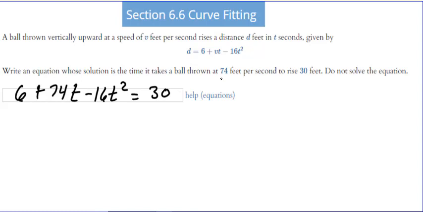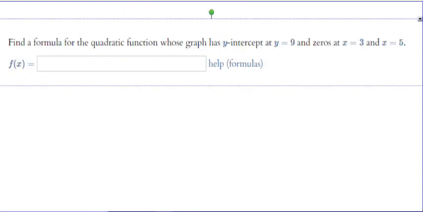So you're substituting the 74 feet per second in for v, and your distance is 30. So you're just setting it equal to 30. All right. Now, let's look at this one.